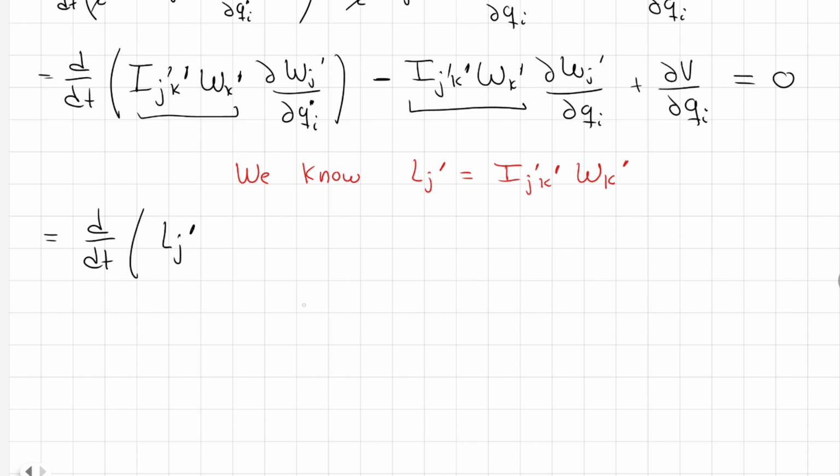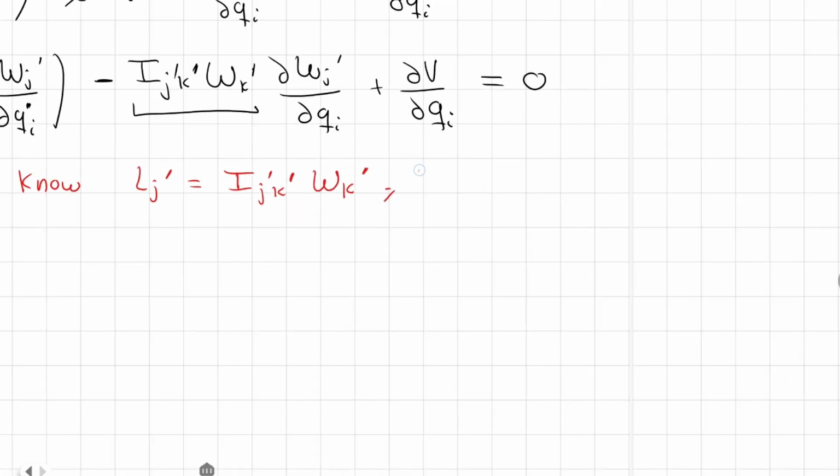On a previous lesson, we established that the angular velocity omega s can be seen as a function m sr qr dot, where m is a function of the generalized coordinates. Again, this was shown on the previous lesson, the first part of this lesson.